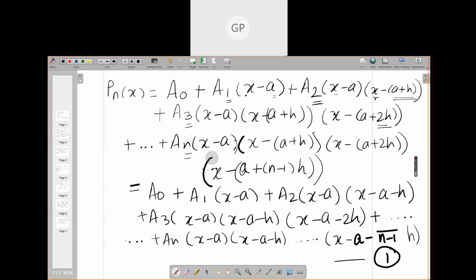Whatever table is given to me, if I put x is equal to a in this polynomial, I should get f of a. When I put x is equal to a in this polynomial, the very first value of x, I should get the very first value of y in the table. Okay, that is how these constants must be chosen. Yes or no? Are you getting me?